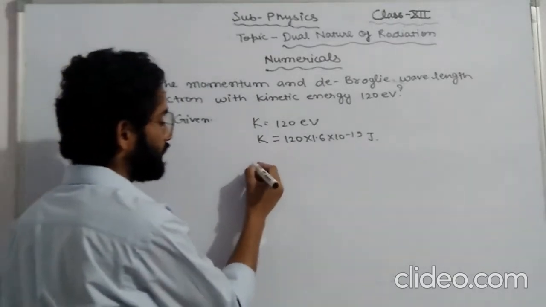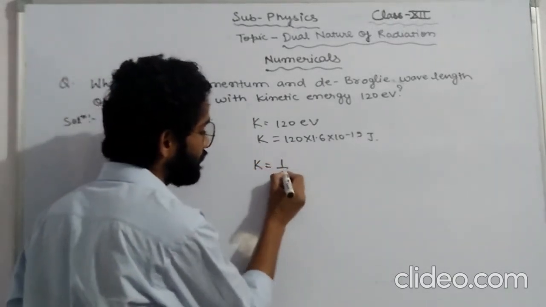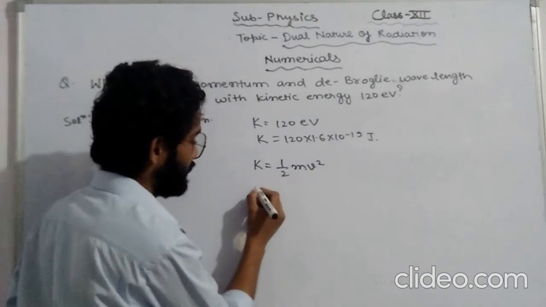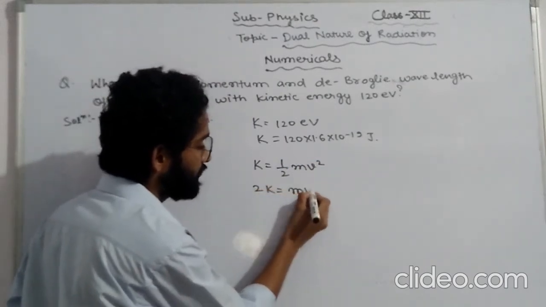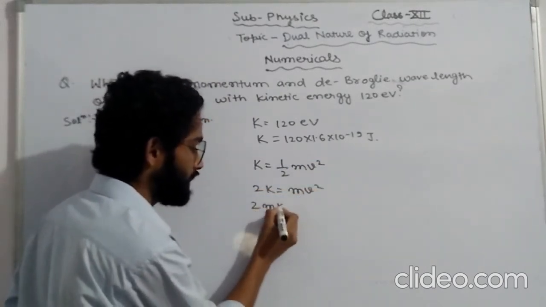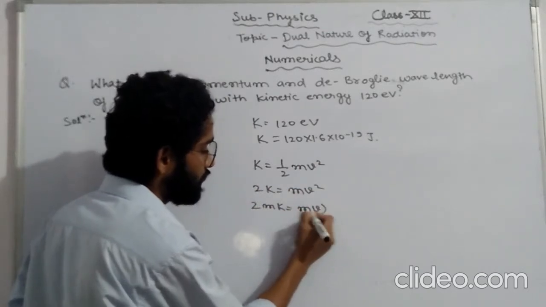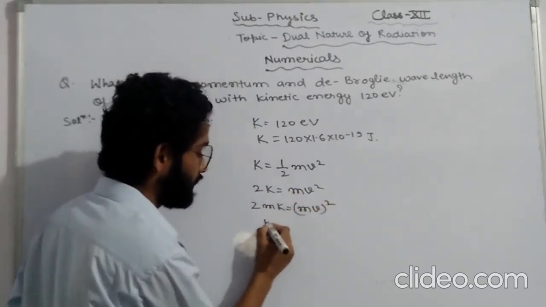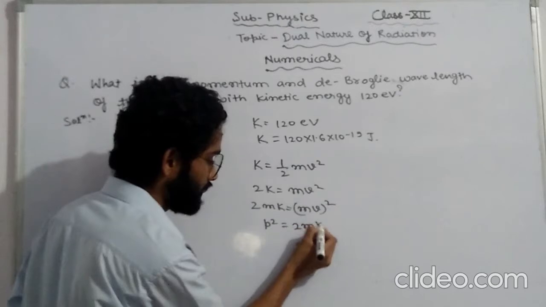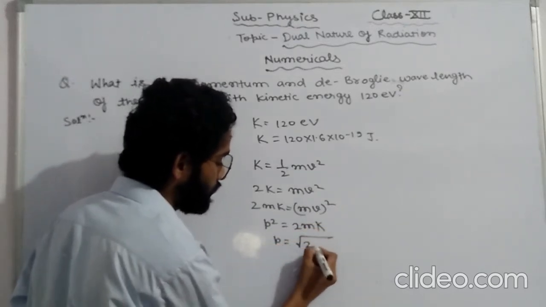As we know, K is equal to half mv square. Then 2K is equal to mv square, so 2mK is equal to mv whole square. This can be written as P square is equal to 2mK, so P is equal to under root 2mK.